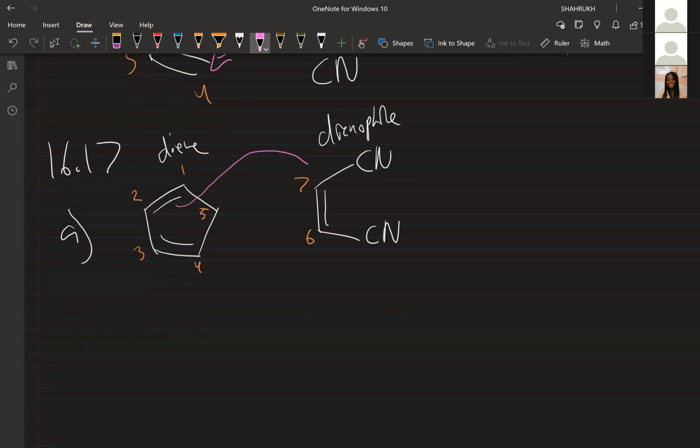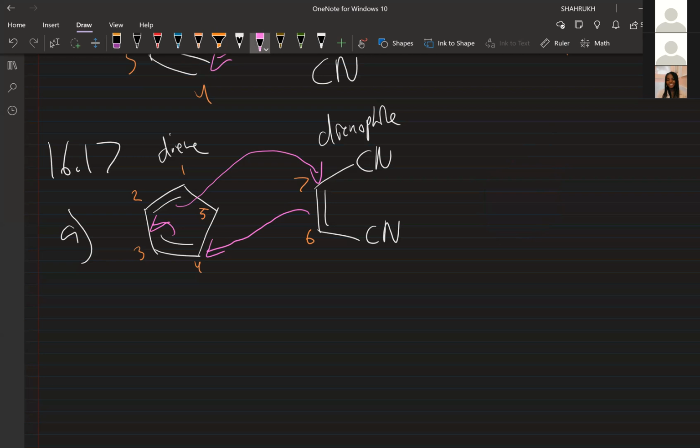So this double bond attacks there and this attacks here. Now if you look at where carbon 5 is, remember the base for all these products is that cyclohexane, that means there's a ring coming above it. And that's why you're going to get bicyclic. So when you have cyclic dienes, you're always going to get a bicyclic product, right?